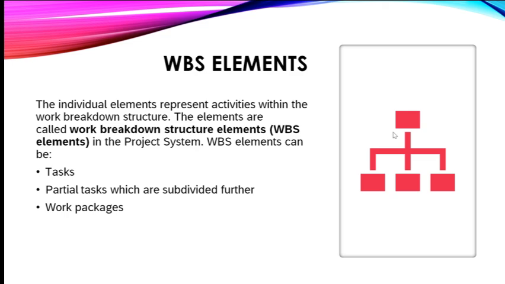The structure we call work breakdown structure, but the element or the object we call a WBS element. In SAP language, it's a WBS element. And WBS elements can be tasks or partial tasks, which can be subdivided further, or work packages.